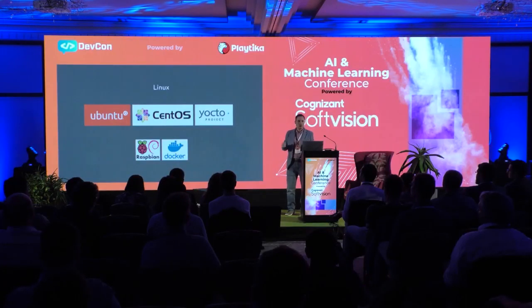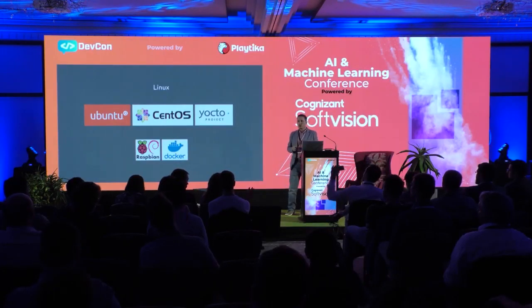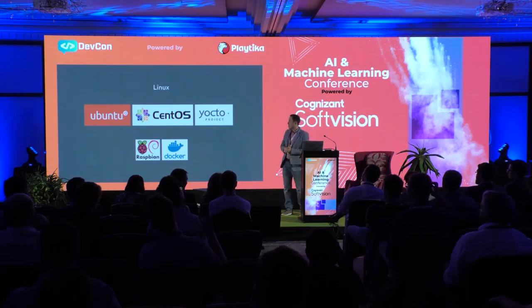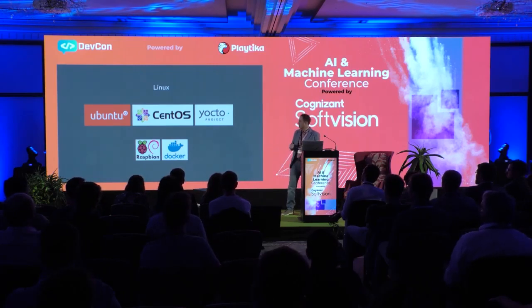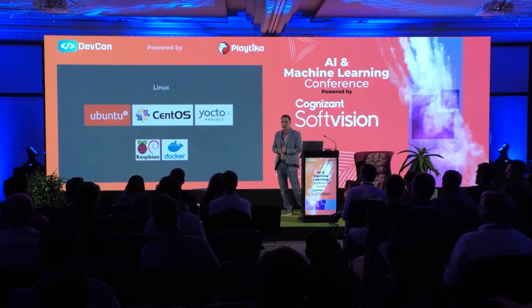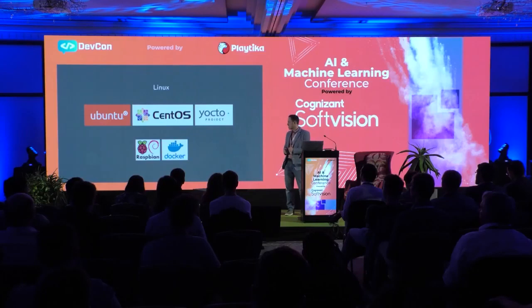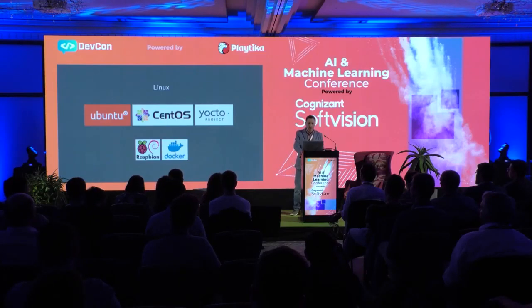So basically, there's a trifecta. So you have the Linux, you have Ubuntu, you have CentOS, you have Yocto. Who in the room uses either of these to develop? So quite a few people are using this. Who uses Raspbian? Cool. So some people develop IoT mostly, right? So yeah, and also Docker. So of course you can run a Docker inside Linux and have everything there.